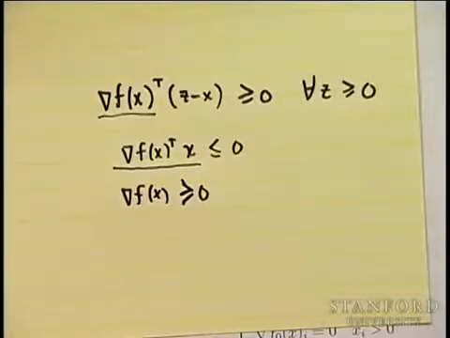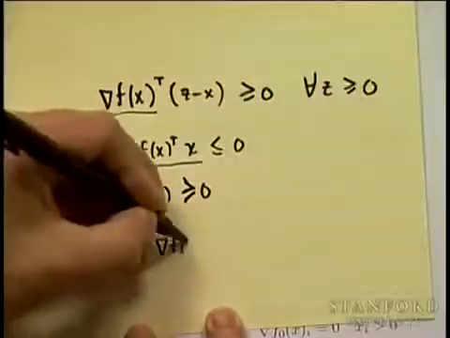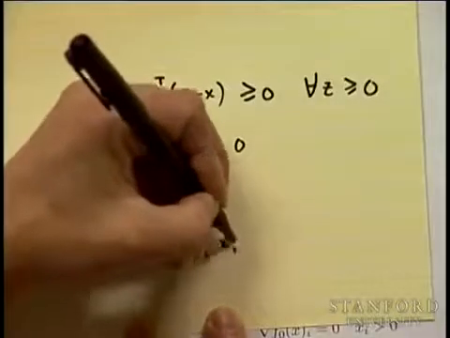Now, when you take the inner product, you take the sum of the associated products. But obviously, if you're doing that with two vectors that are non-negative, and you end up with something that's less than or equal to 0, there's only one choice. It has to be 0, number 1. And number 2, it has to be complementary. In other words, we actually can say this.